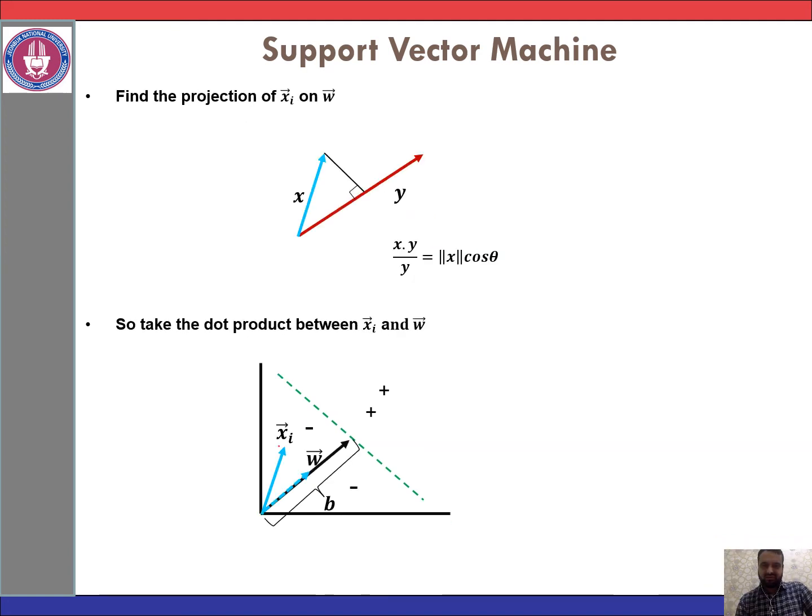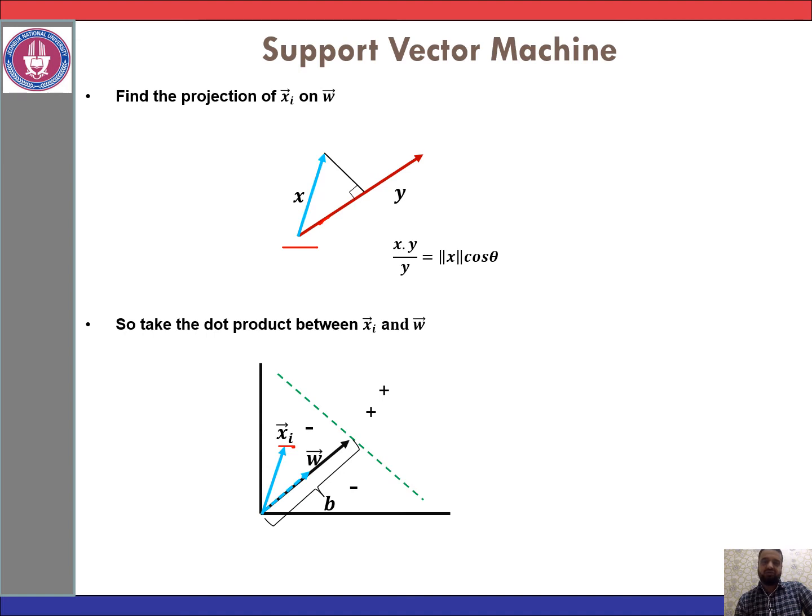Now to find whether this xi lies on the right side or on the left side of this decision boundary, let's just talk about the dot product. Suppose there are two vectors, one is y and the second one is x, and we want to find the projection of the x vector on y.